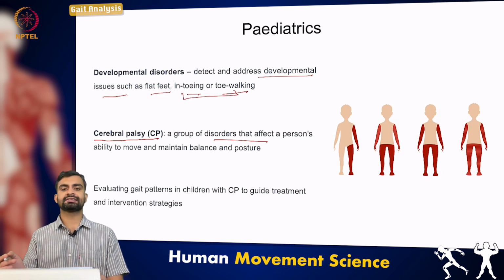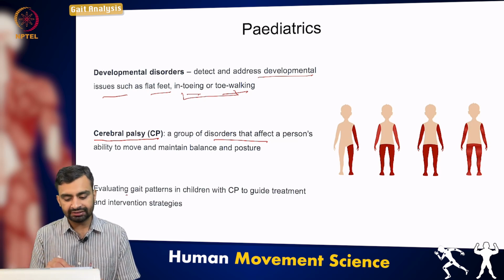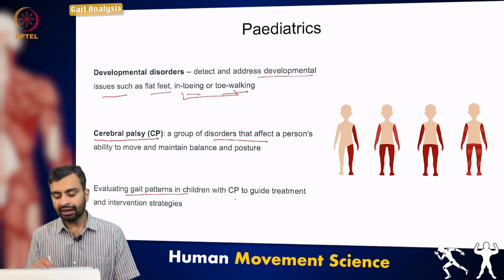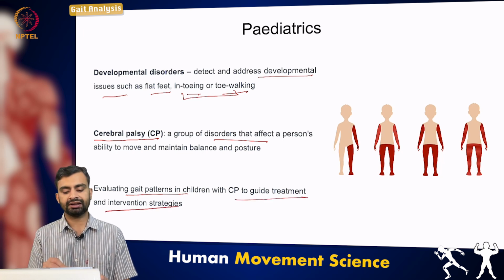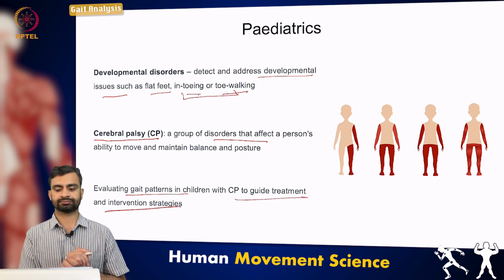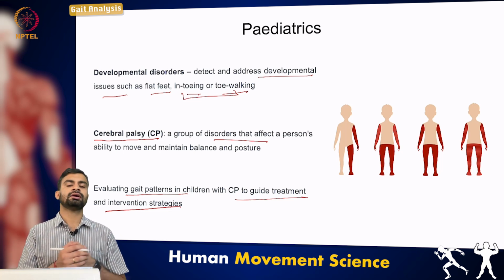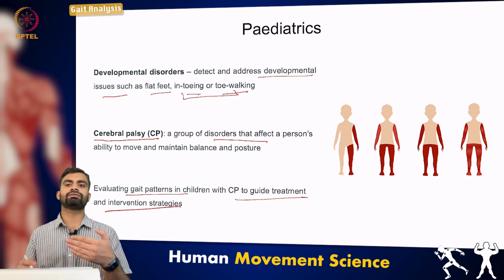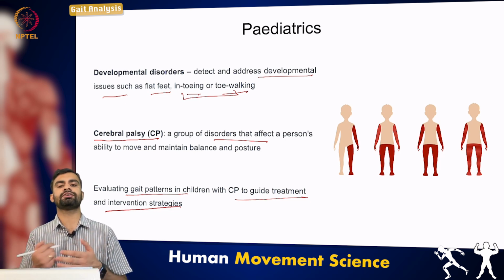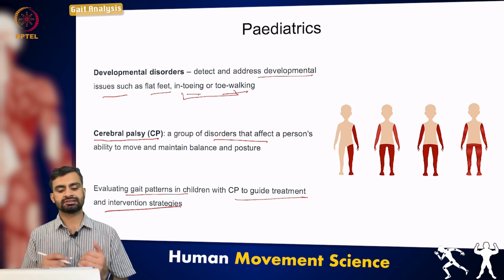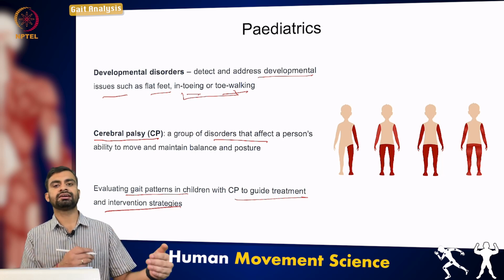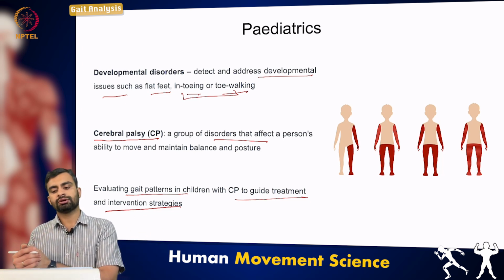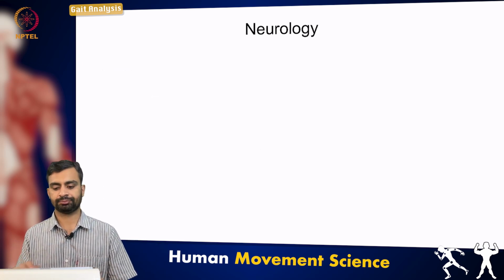In this, gait analysis helps in evaluating the gait pattern and helps clinicians to guide the treatment and intervention strategies. For example, in literature, it has been found that with the help of gait analysis, the success rate of surgeries in CP has increased compared to observational gait analysis only.